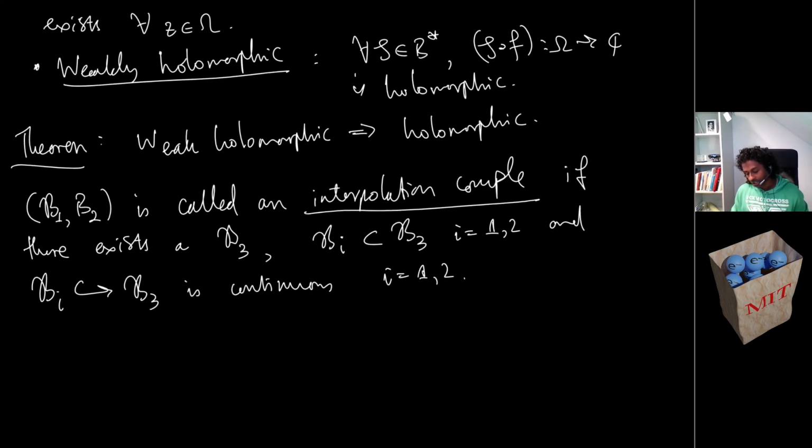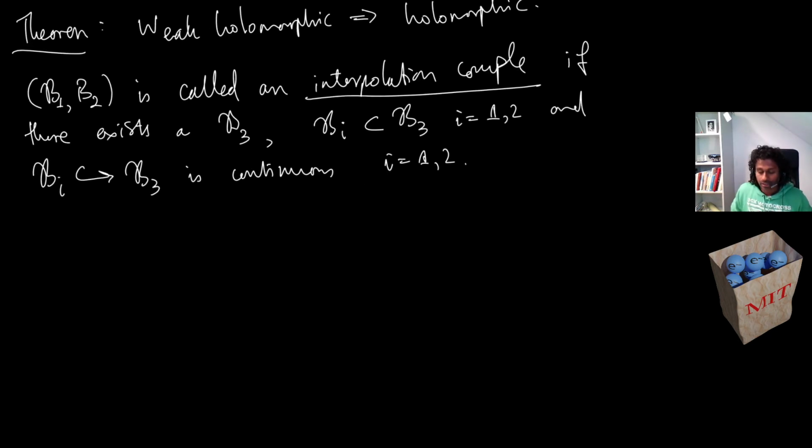This is not the most general definition of an interpolation couple if you look in the literature. In particular, this condition that Bi is a subspace of B3 is not usually assumed, but just for keeping things accessible and tangible, we'll assume that because in all of our examples, this will be satisfied. So what's the quintessential example for us?